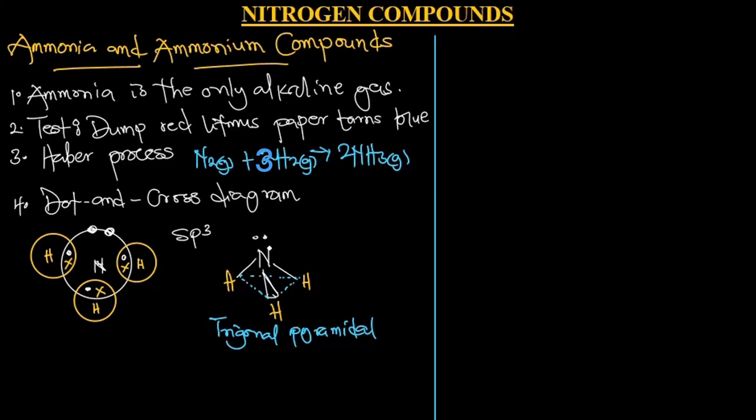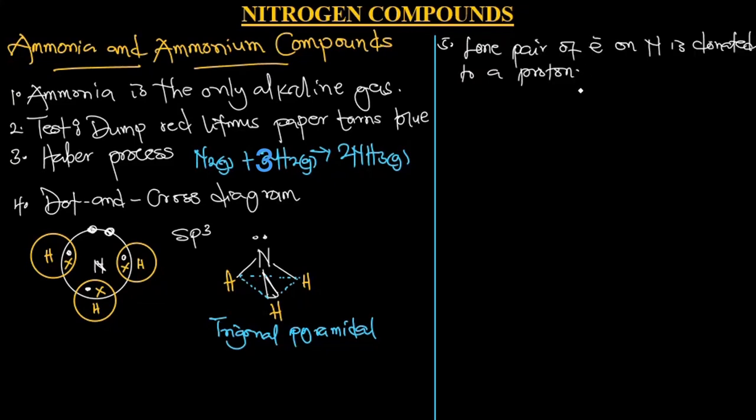Now, in the reactivity of ammonia, what happens is that the lone pair on the nitrogen is donated to a proton. So what that means is that ammonia behaves as a base because we have the nitrogen here with a lone pair, and then we have three hydrogens bonded to it.